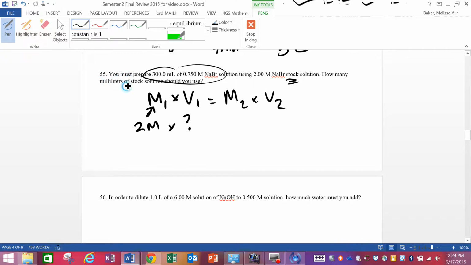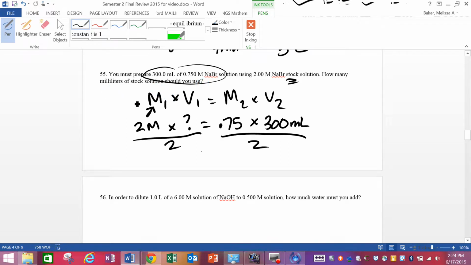You don't know how much volume of that you should use to make a 0.75 molar solution, and you definitely want 300 milliliters of it. So solve for the unknown by dividing both sides by 2, and you're going to need 112.5 milliliters.